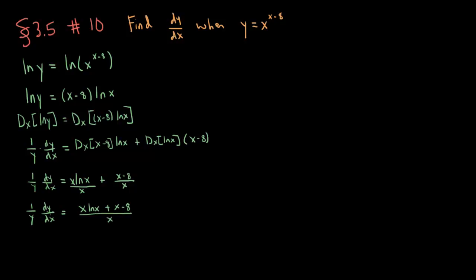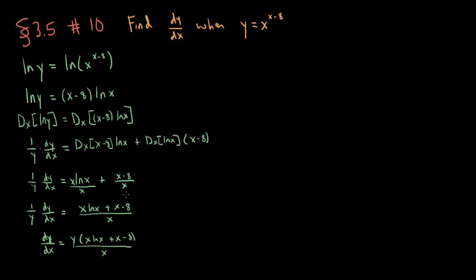And now we see, just to solve for dy dx, I multiply both sides by y. And so I can say that dy dx equals y times x natural log x plus x minus 8, all over x.